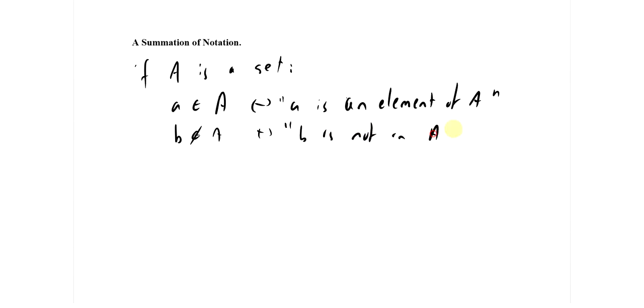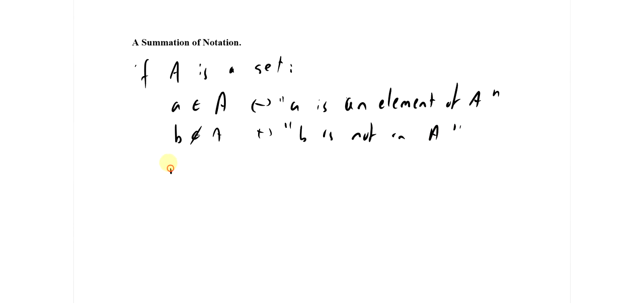So if capital A is a set, then little a with the element symbol means little a is an element of capital A. It's just one of the things in the list of A. Little b is not an element of A. That means b is something that's not in the list.